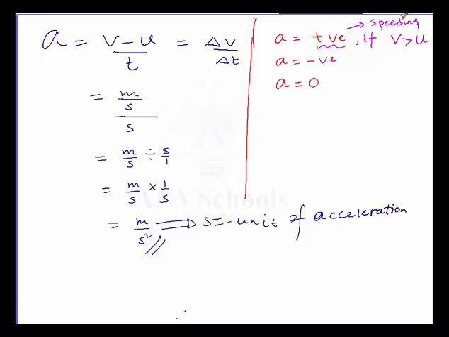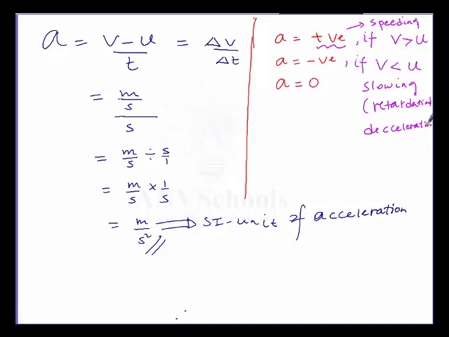Well, the second value of acceleration is negative. We can also have a negative acceleration when the value of the final velocity is less than the initial velocity. This means the car is now slowing down or retarding. Slowing down is called retardation, or we can also call it deceleration.